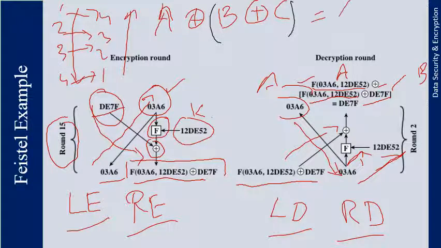This states that you can write it using A exclusive OR B, exclusive OR C.